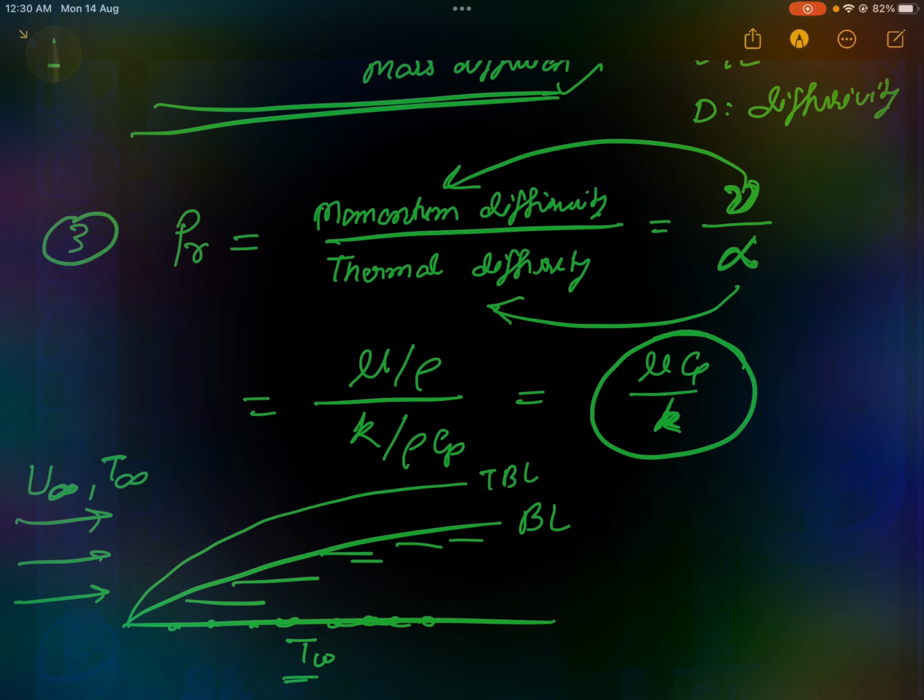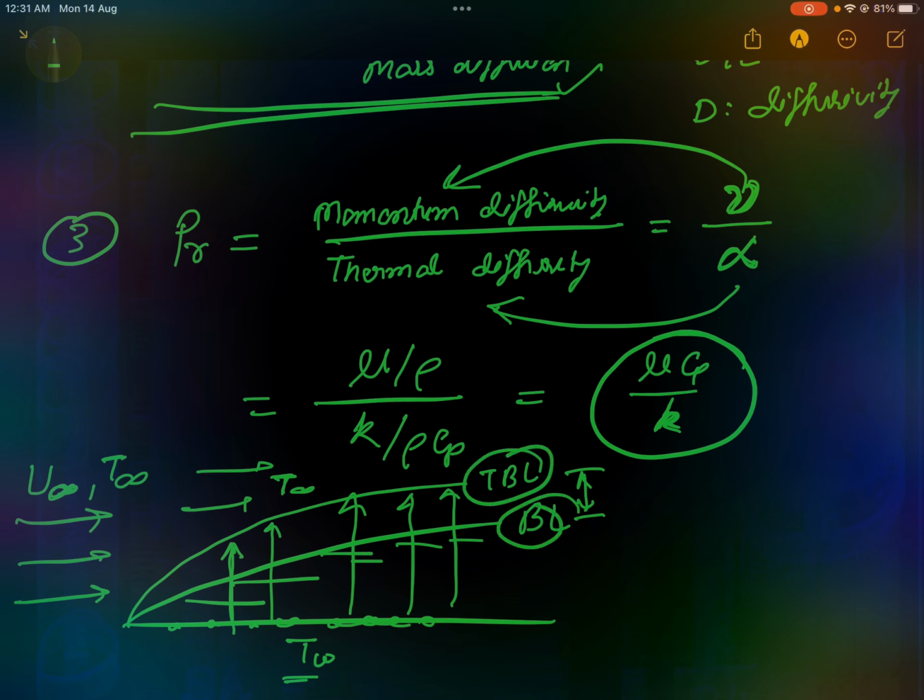It denotes the extent to which the temperature difference is significant, because after that the free stream will have only the free stream temperature, and only up to some extent can we feel the temperature gradient within the thermal boundary layer.